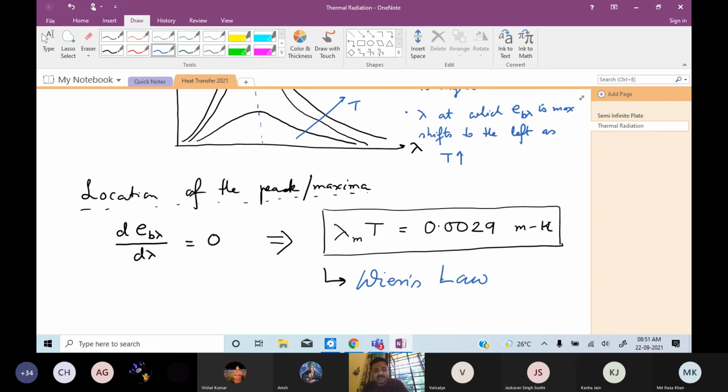Now the question is, and this is important, does it also mean that for a non-black surface, it is going to be the same? So let me throw that question to you. If I take a non-black surface, will the maximum monochromatic emissive power correspond to the same wavelength?